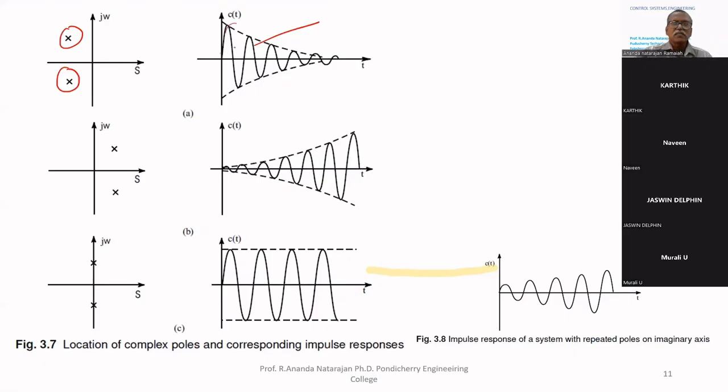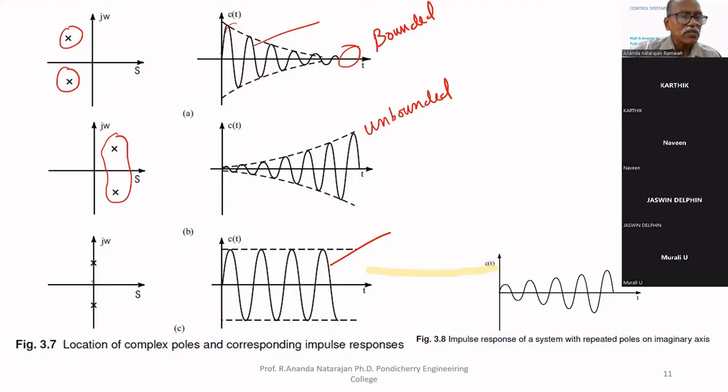It oscillates and finally comes to rest, so it is a stable system. Here, the poles are on the right hand side. If we give a punch, its amplitude goes on increasing. Unstable system, unbounded output. This is bounded output.